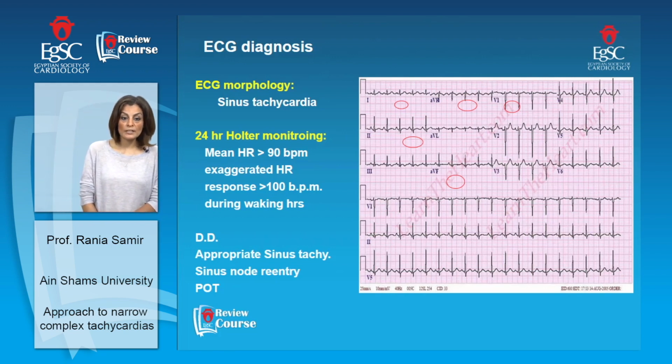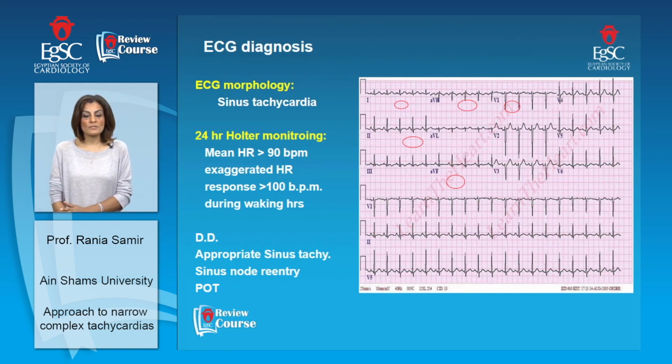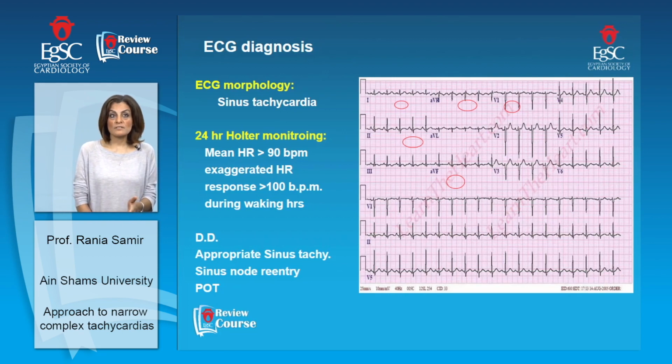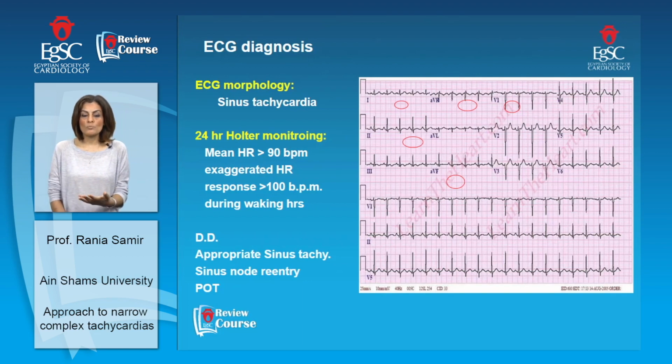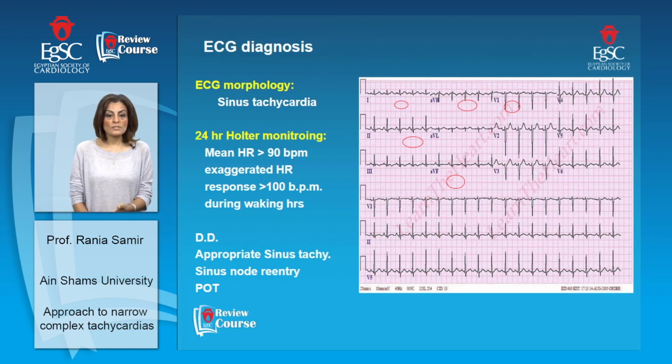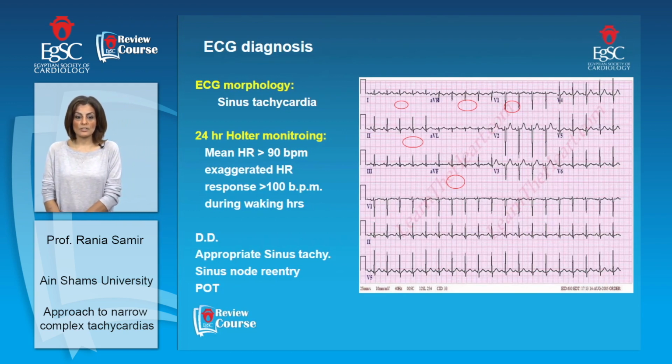The difference between it and inappropriate sinus tachycardia is that inappropriate sinus tachycardia is mostly due to abnormal automaticity, so you will have a warm-up and warm-down phenomenon, while sinus node re-entry has a re-entry circuit within the SA node, so it has a paroxysmal nature, with abrupt initiation and termination of the tachycardia.